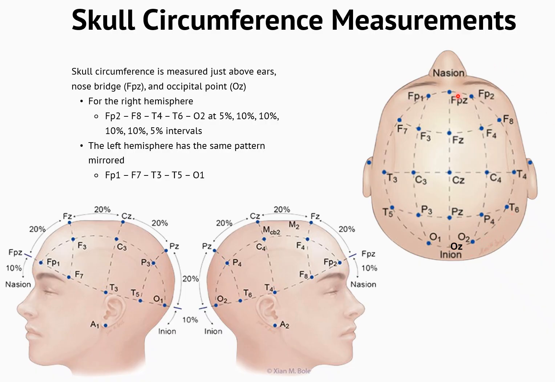Those are also the same percentages, 5%, an additional 10%, and so on and so forth. And the left hemisphere mirrors this layout. So FP1 is at 5 centimeters, or 5% of that distance, and we do the same pattern there as well to get all of our points around. So this completes the outer electrode ring.